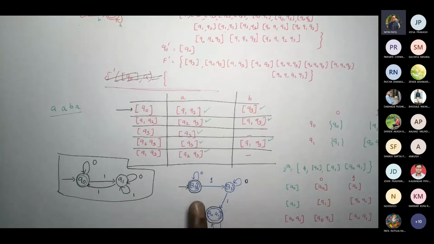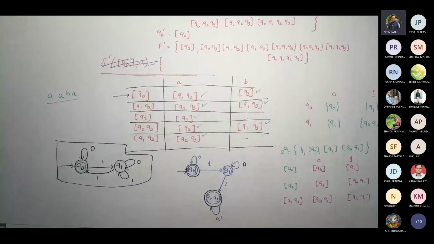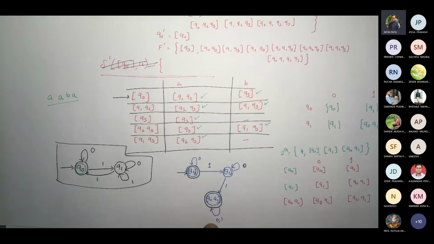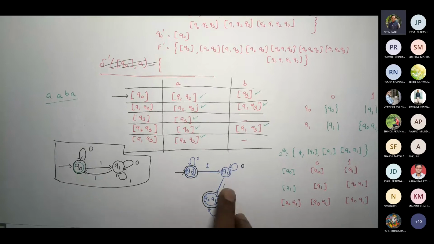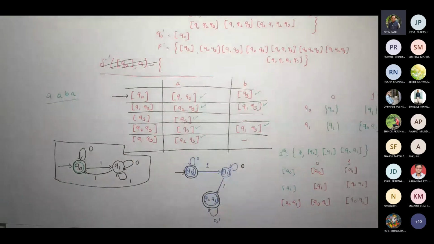So you will see that from one state, there are no more than one transition with the same input to other states, or maybe the same state. So we will not see that. Now with 0 there is one transition, with 1 there is one transition, with 1 there is one transition, with 0 there is one transition, and so on. So that's why this becomes a DFA. So this is the process for constructing a DFA.